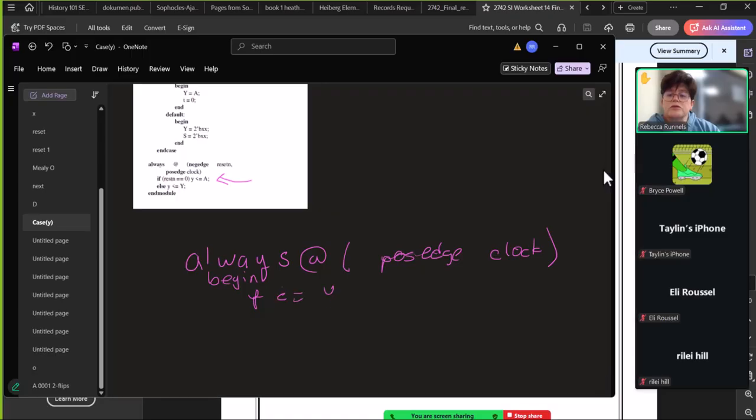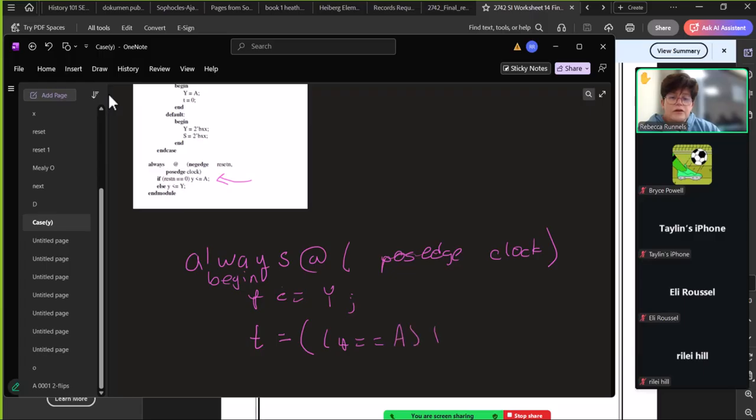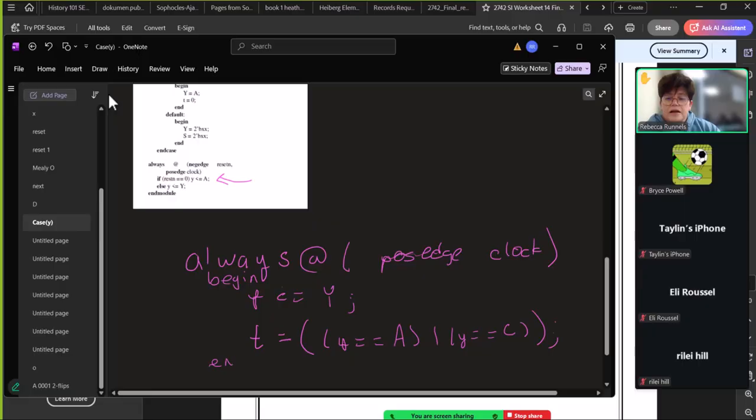Current state becomes equal to next state, but here we have lowercase y and uppercase Y. And then I would have T. This confuses people, so I'm going to do it in the most confusing way possible, because this is how I've seen it done. T equals 1 if Y equals A or Y equals C. That's declaring that A and C are ones.